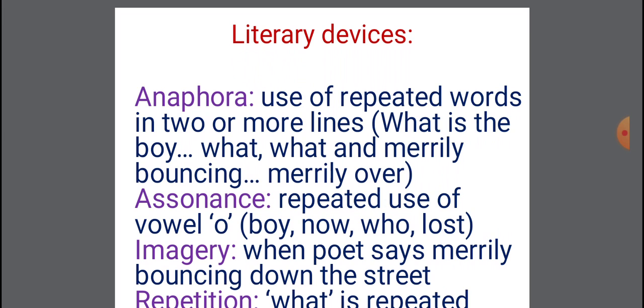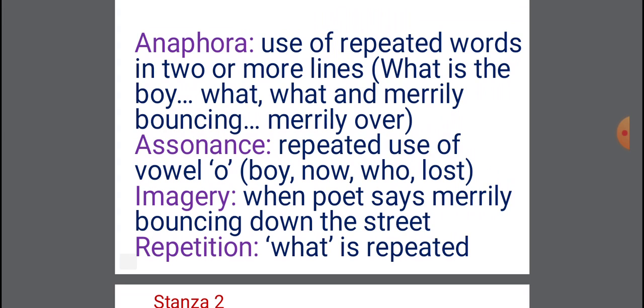So the words what and merrily are used repeatedly. So here, the anaphora device is used by the poet. Then assonance is there. Repeated use of a vowel is called assonance, and the o vowel here is repeated in words like boy, now, who, lost. So assonance is there also.